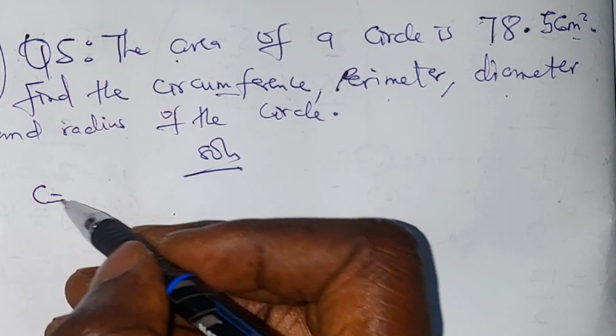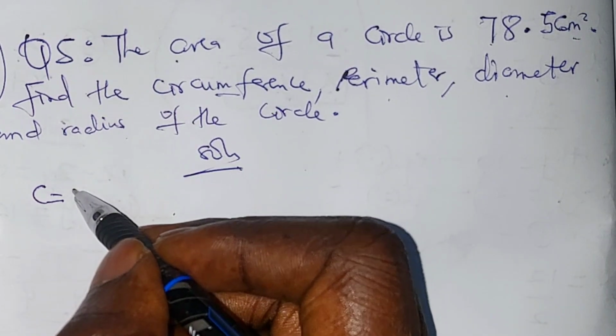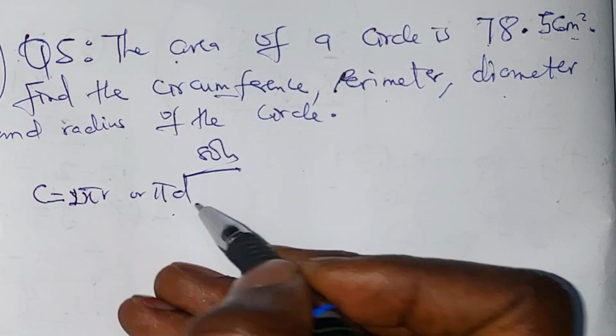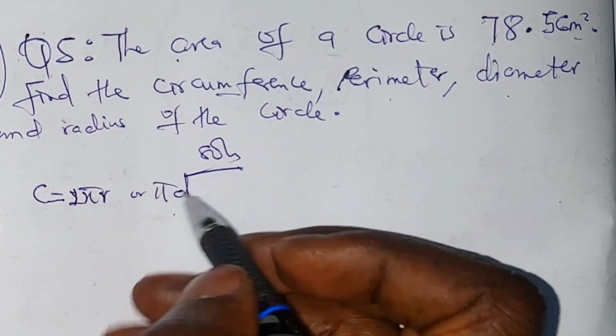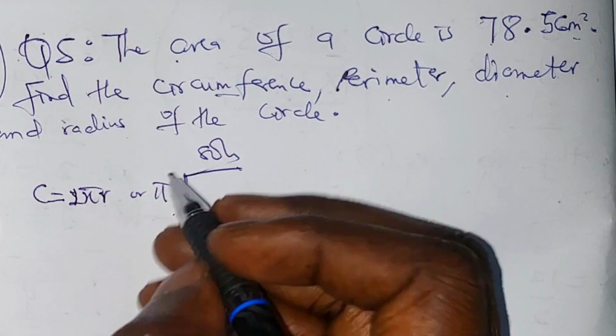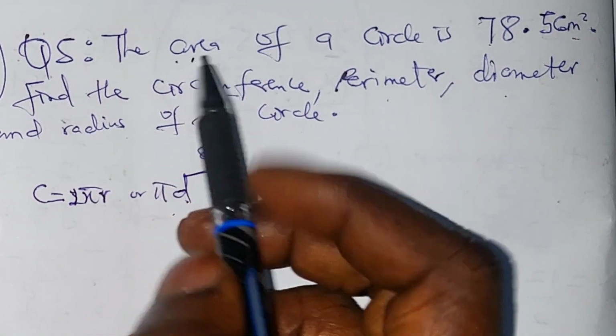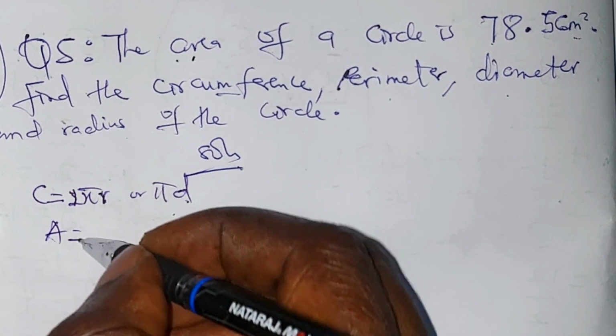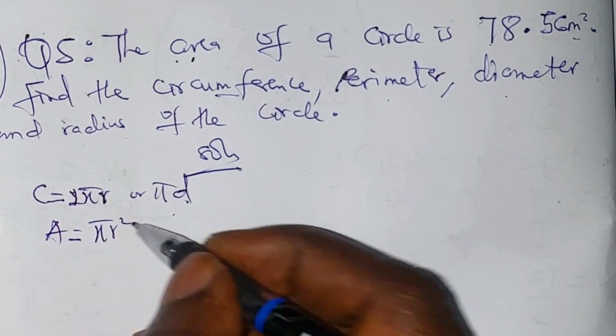Like we said, the circumference is given by 2 pi r, or pi d. There is no radius, so we can't use this formula. There's no diameter, so we can't use this formula. But let's write a formula that connects area to a variable we have here: area is equal to pi r squared.